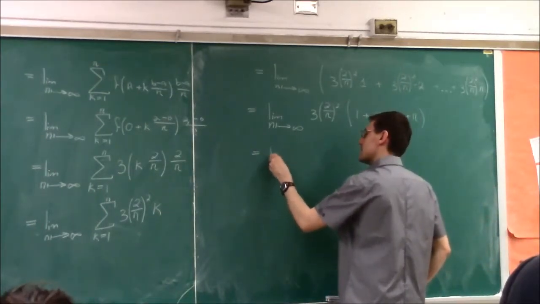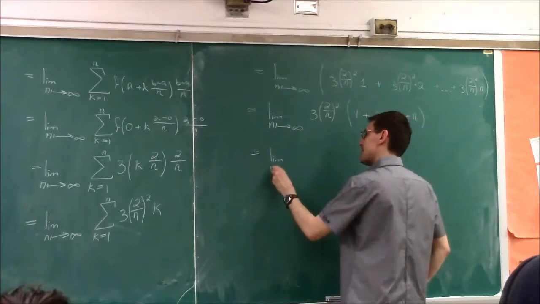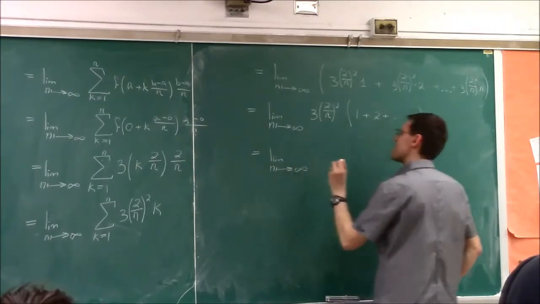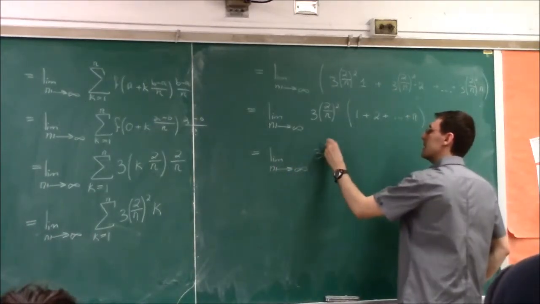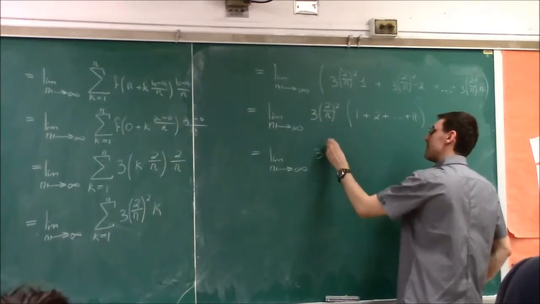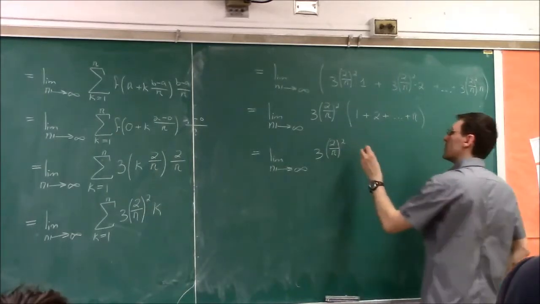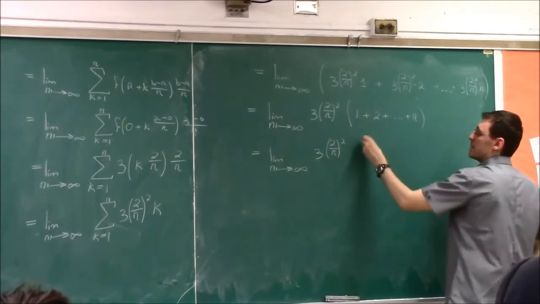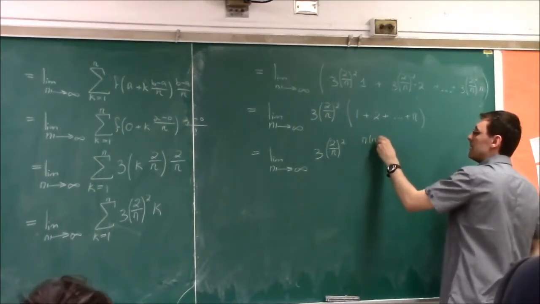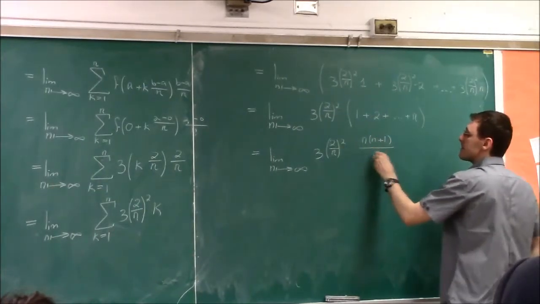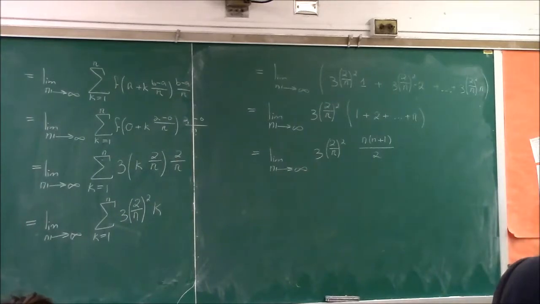So that is the limit as n goes to infinity of 3 times 2 over n squared. The sum is just simply n times n plus 1 divided by 2. Can you see what this limit is going to be now?